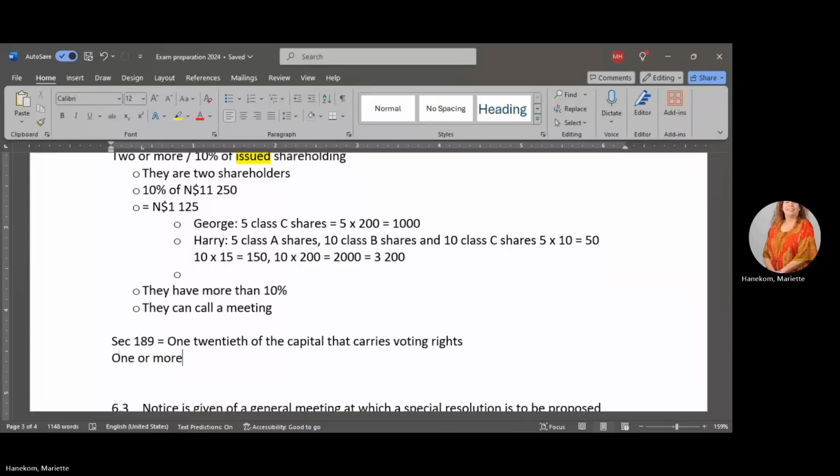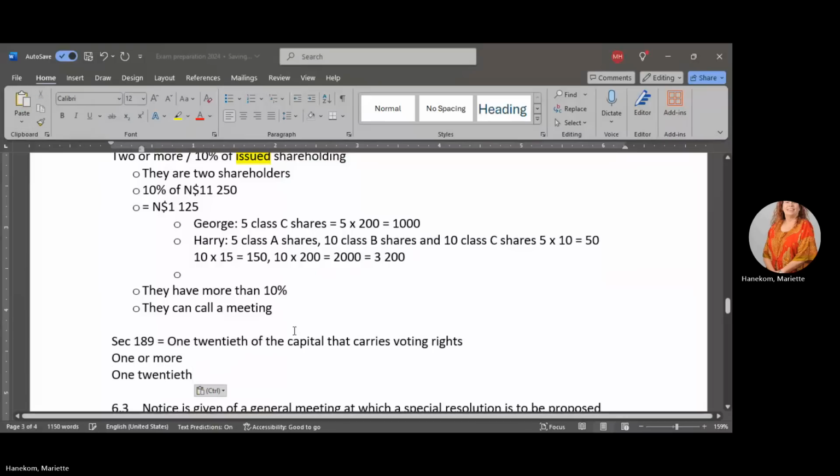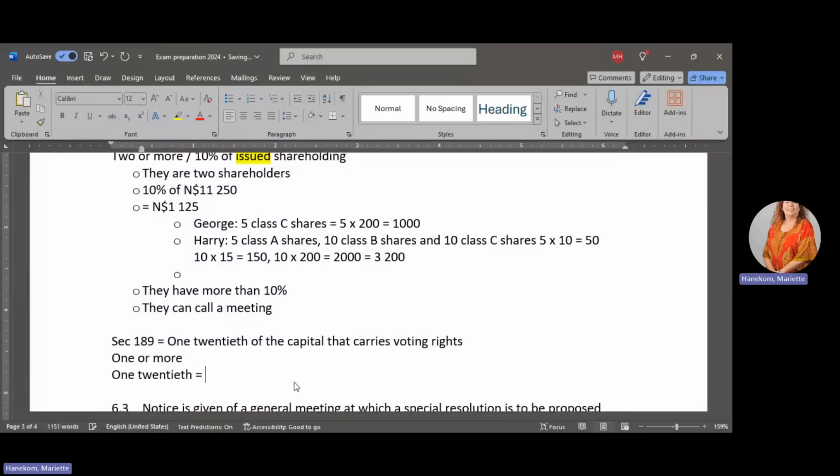But what I found the most shocking is 1/20th. 1/20th equals 5%. People, you are accounting students.